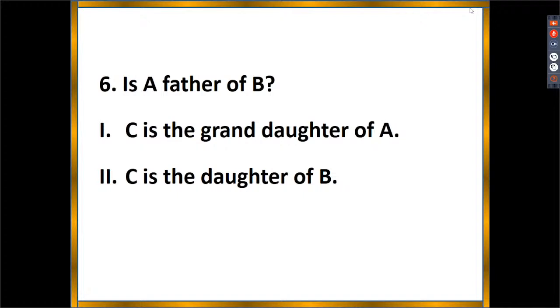Even if you combine both statements, it is not possible to find whether A is the father of B or not. So the answer is both statements 1 and 2 together are not sufficient. Be careful while solving blood relation problems. Concentrate on gender.